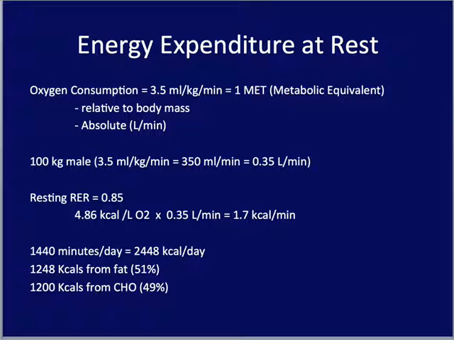Now, also on average, an individual is going to have a resting RER of about 0.85. It's not exact. Again, it might be higher, it might be lower, but on average, it's about 0.85. So we can look at this individual, and if we go back to that chart, let me go back real quick.